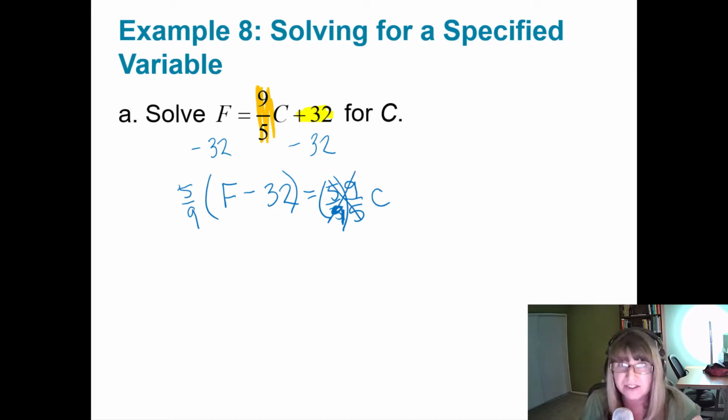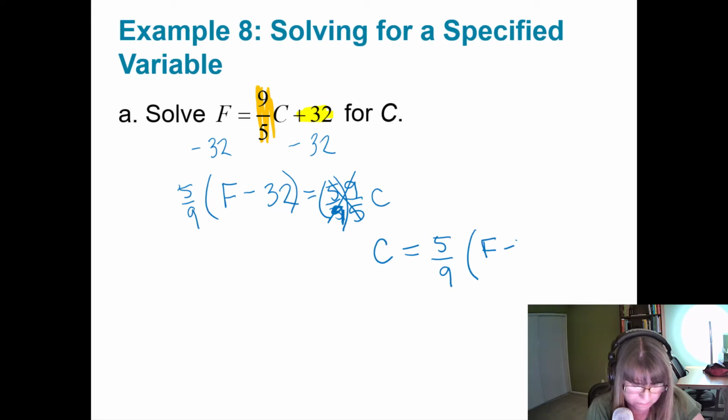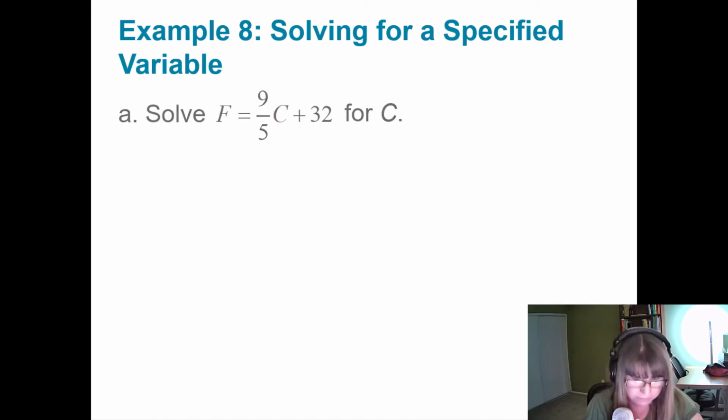The 9/5 does go away, and I am left with C, and I'm just going to flip it around because it's easier to read: C equals 5/9 times Fahrenheit minus 32. Now always think about what's happening to the whole entire side. Move that first, or undo that first, and then focus on what's happening to the variable.